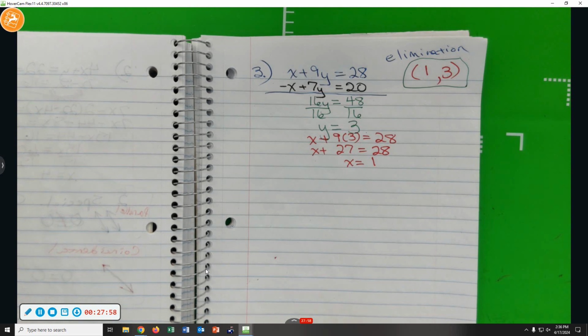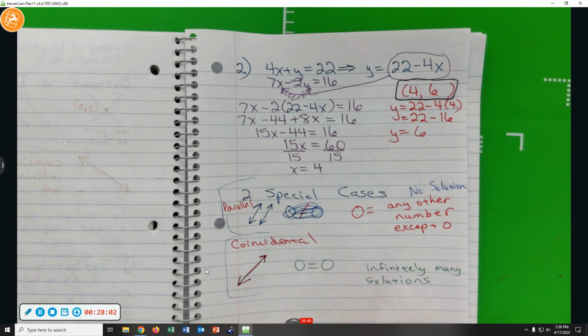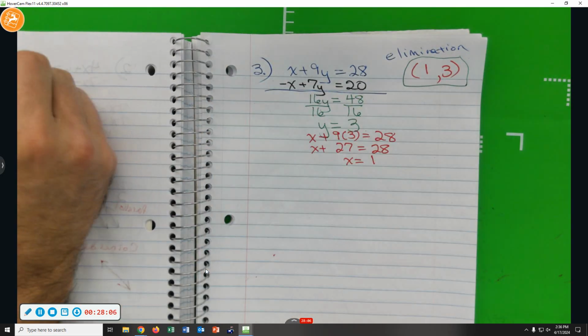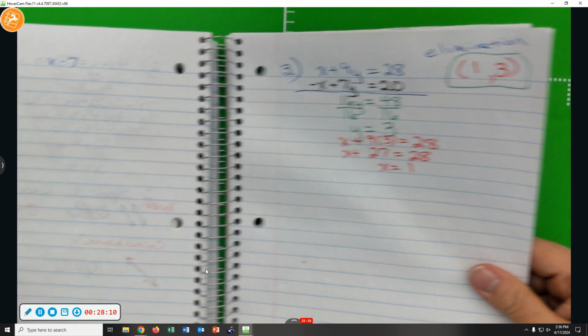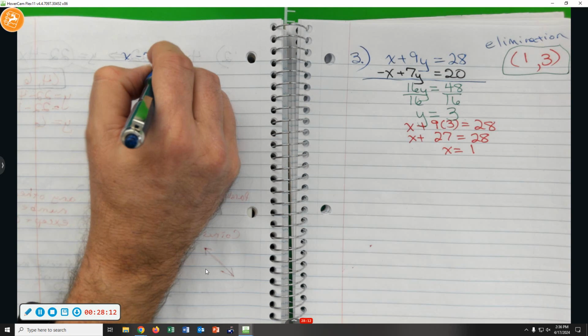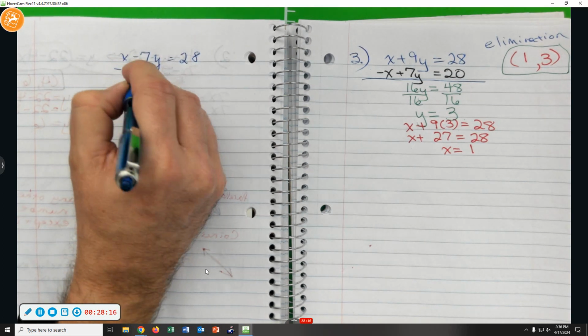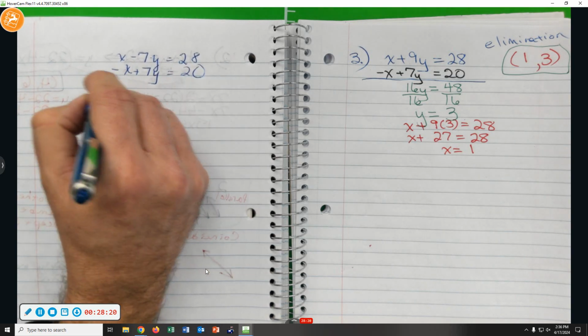But continuing the discussion that he's mentioned about these special cases, if this had been the problem, x minus 7y equals 28, and negative x plus 7y equals 20.